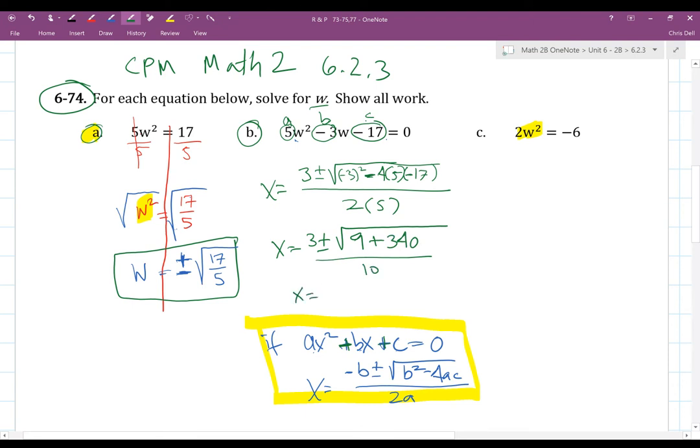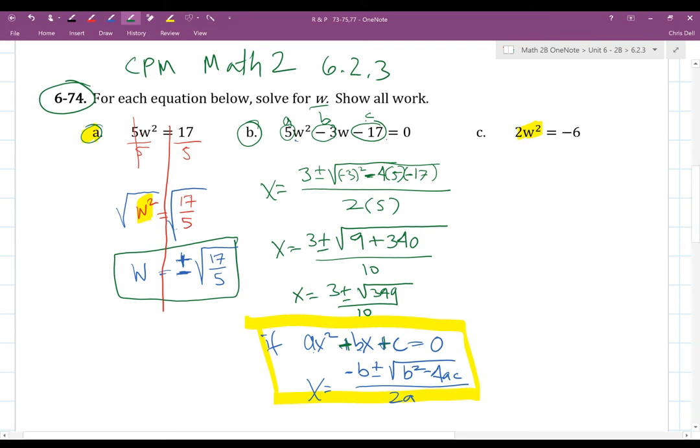So let's keep going. Simplify this up. So we have 3 plus or minus the square root of 349 all over 10. 349 is not a perfect square. So I could simplify my answer and get the approximate answer, or I could just leave it as is.